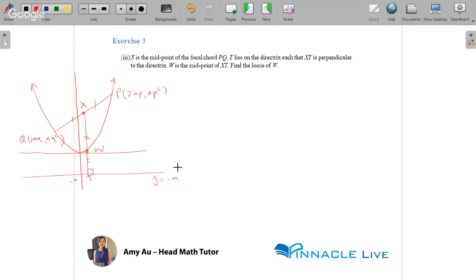So in any locus question, you need to find the coordinates of the point you're looking for first. So there should be a couple of steps here. We'll find X first, which is the midpoint of PQ.